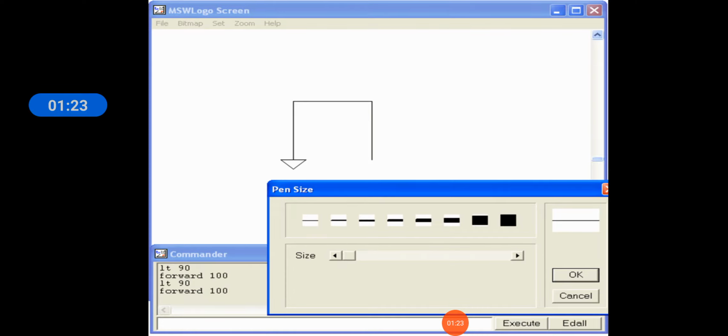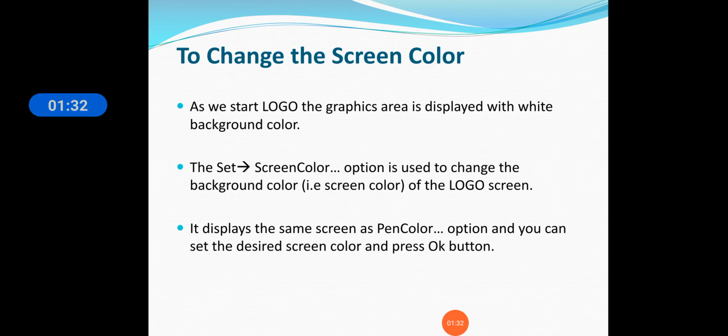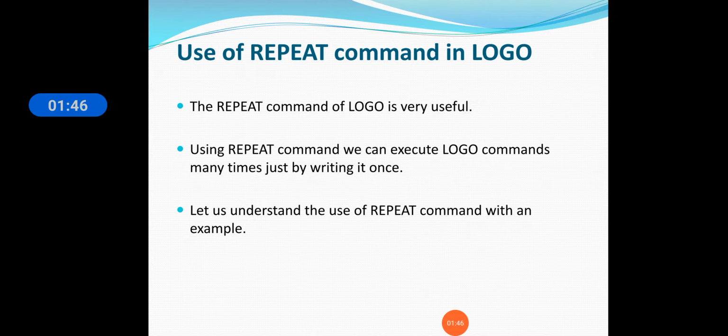We can change the pen color by the set pen color option, and we can select the color red, blue, green. Okay, so you can select any desired color for the screen of the Logo program by using set screen.